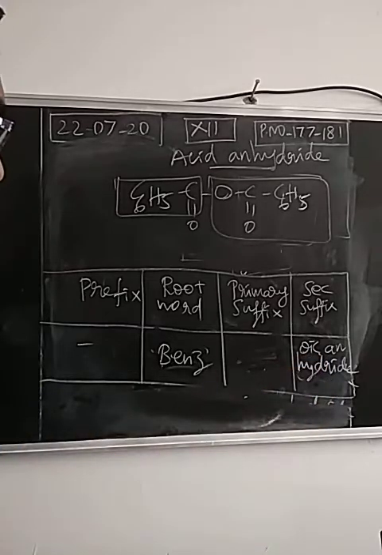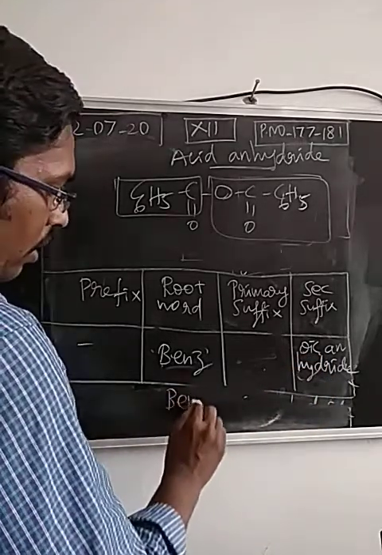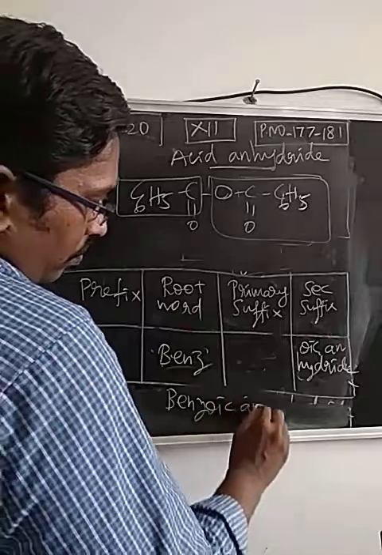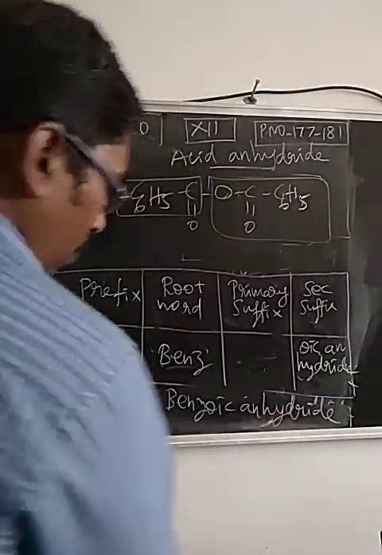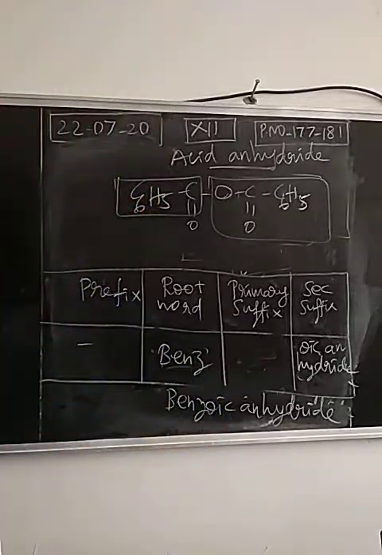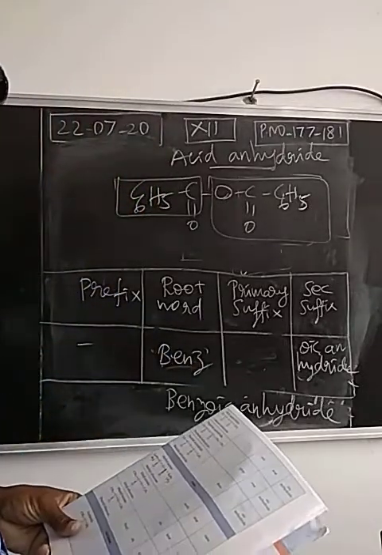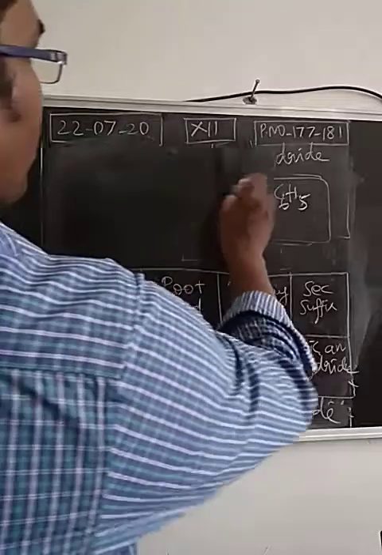This is oic anhydride. So this is benzoic anhydride. So with anhydrides over, then esters.